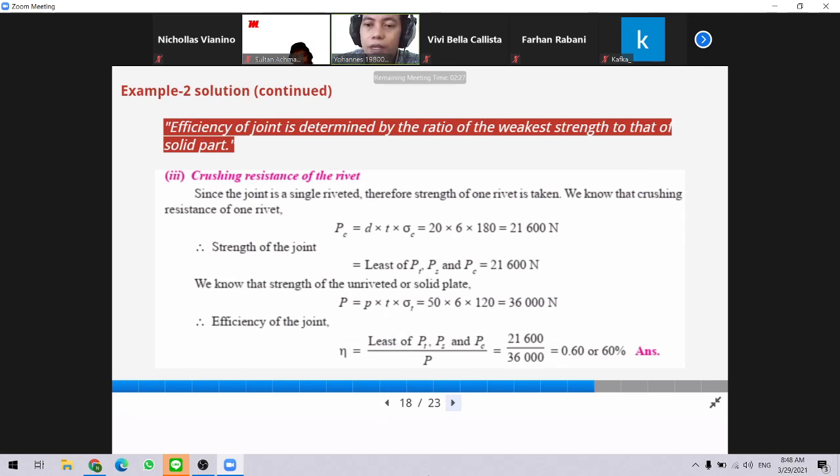Means we can obtain the load resistance of the joint as 60% of the unrepeated or solid plate.